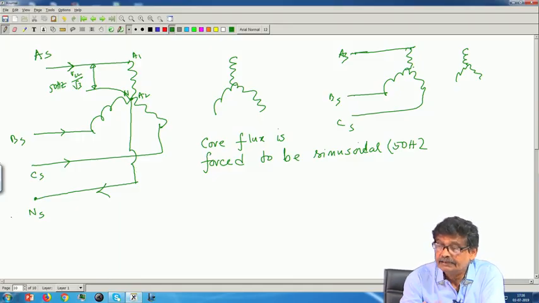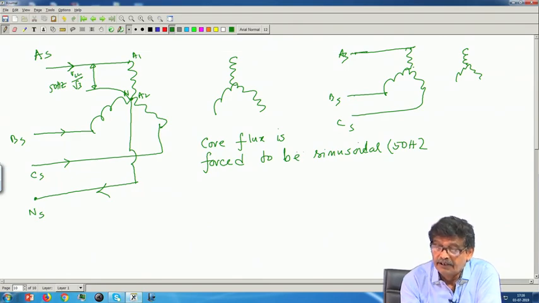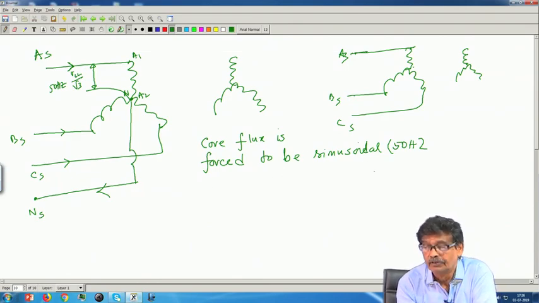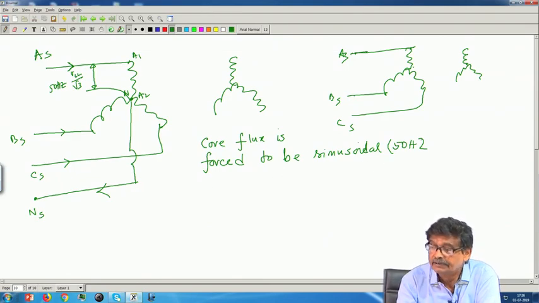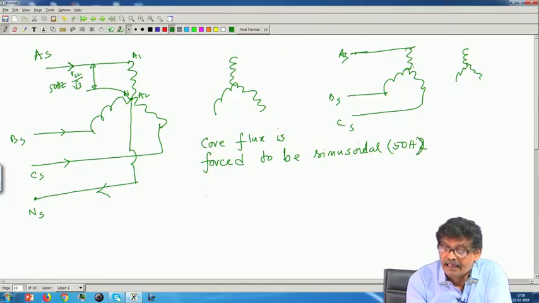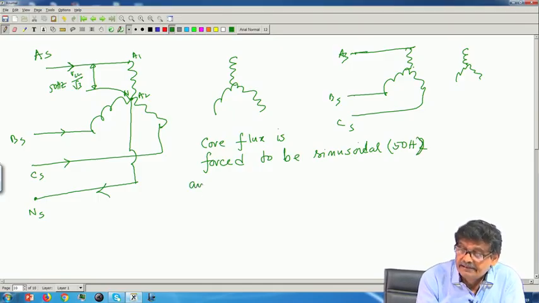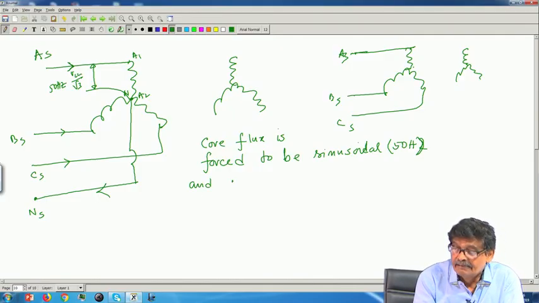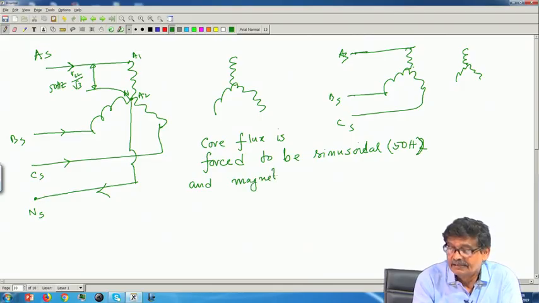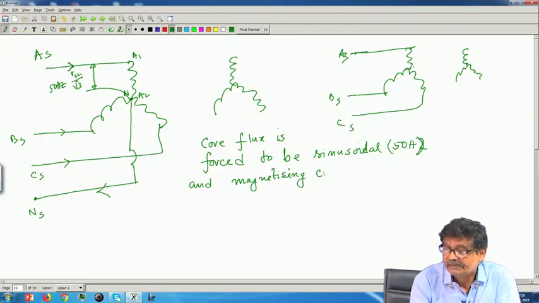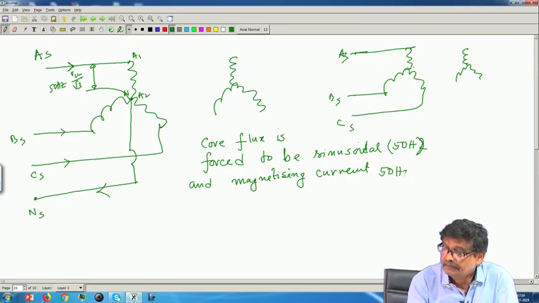Therefore, in this case flux is forced to be sinusoidal with 50 hertz and magnetizing current then must have both 50 hertz plus 150 hertz component.